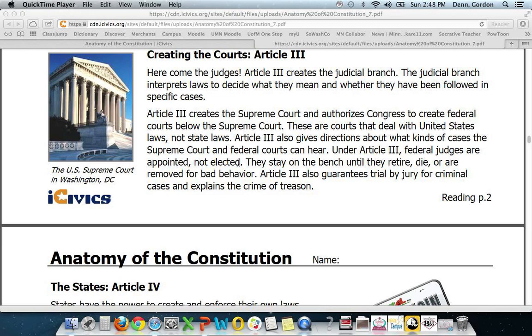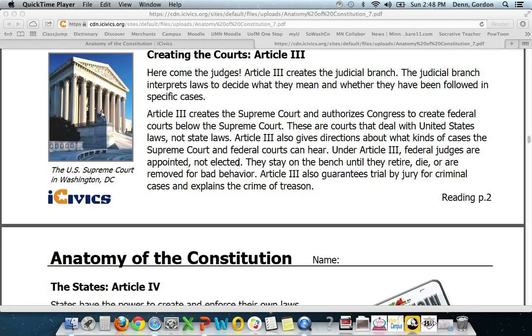And in a very important case called Marbury versus Madison, the Supreme Court clearly determined that it would have the final say.